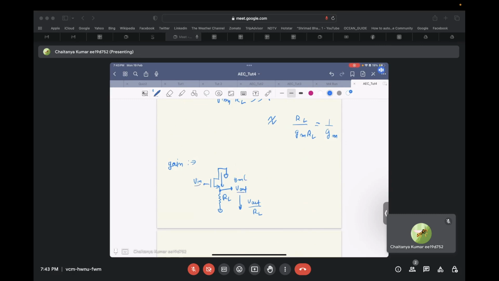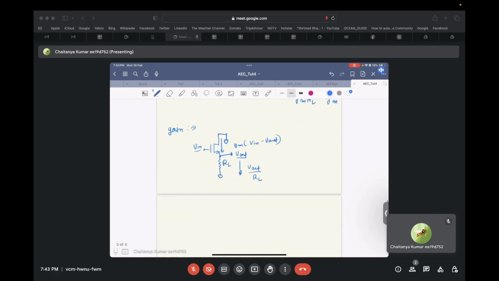VG is V in and VS is V out, so Gm times (V in minus V out). If we equate these two currents, because there is no other path for the current to go, what we get is Gm times (V in minus V out) is equal to V out by RL.